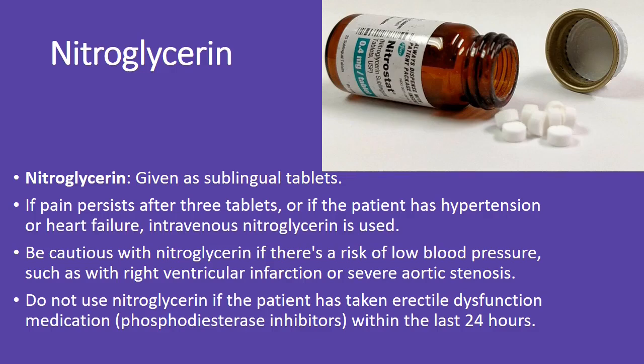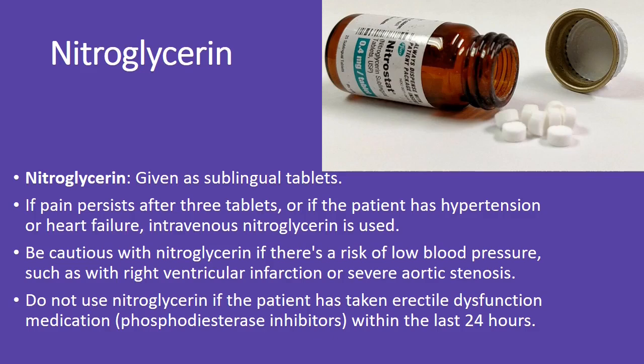You should be cautious when giving nitroglycerin if there is a risk of low blood pressure, which can occur with right ventricular infarctions or in severe aortic stenosis. You should inquire about the use of drugs for erectile dysfunction within the last 24 hours.